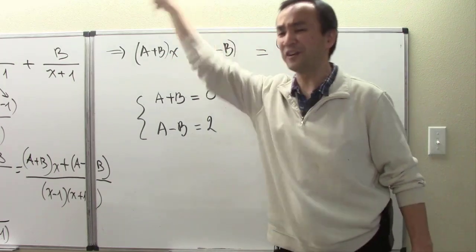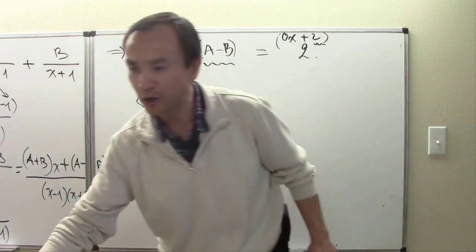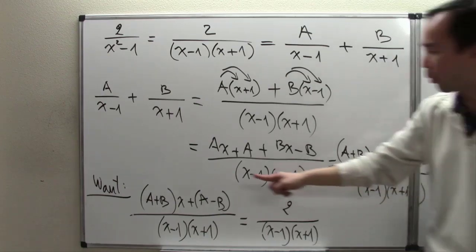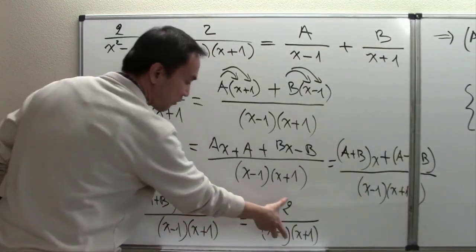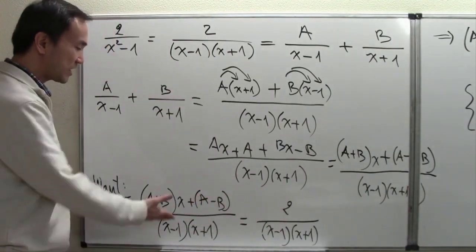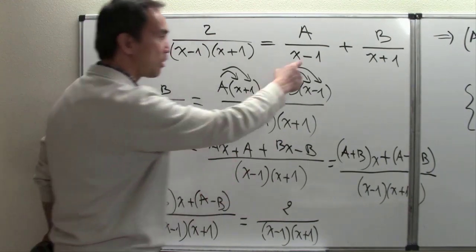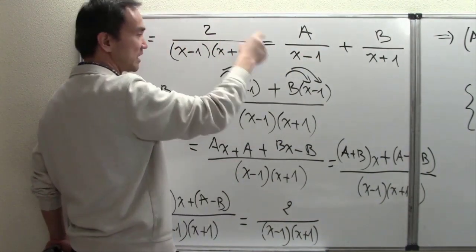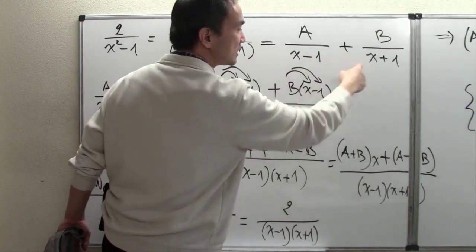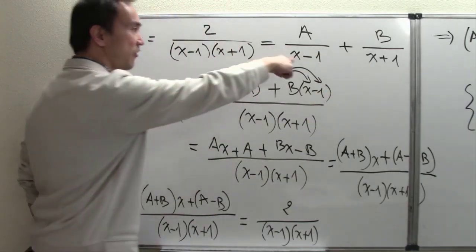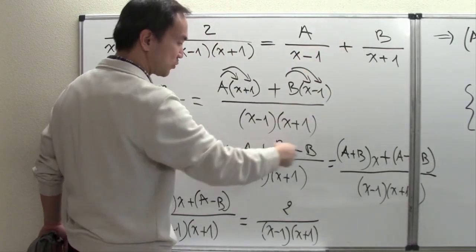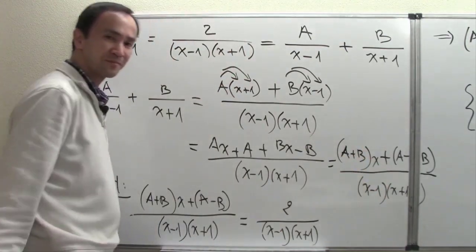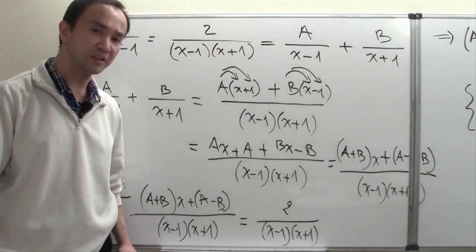And the reason we need the two polynomials to equal is because we wanted these two fractions to be equal. And the reason we want these two fractions to equal is because this fraction in the beginning is supposedly equal to these two partial fractions. And those two partial fractions, once we combine them, are going to go into something like this. I hope that explains all of the reasoning.